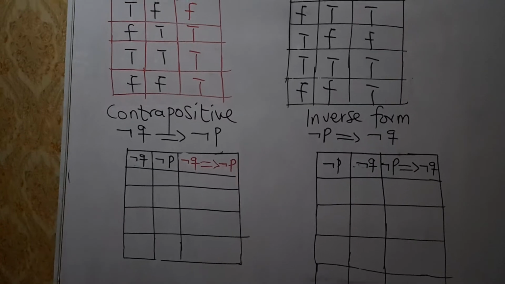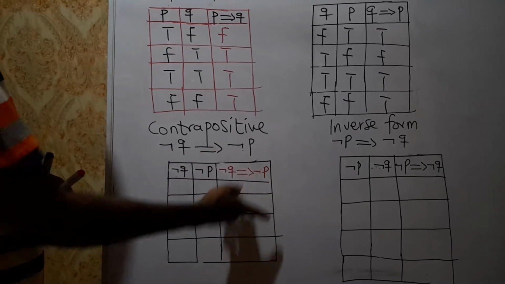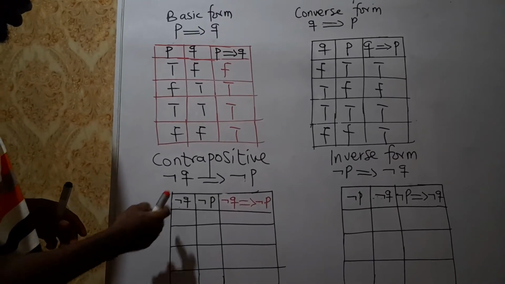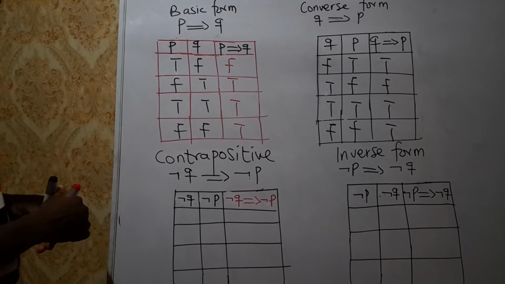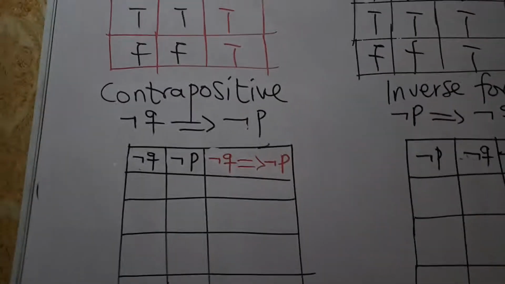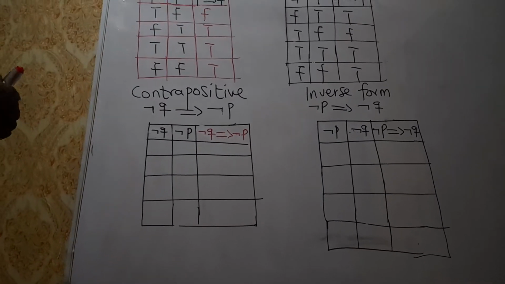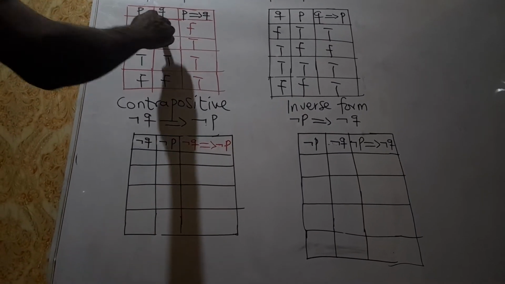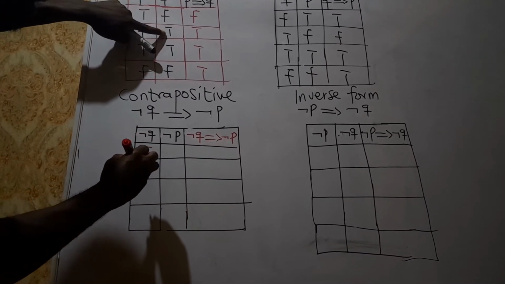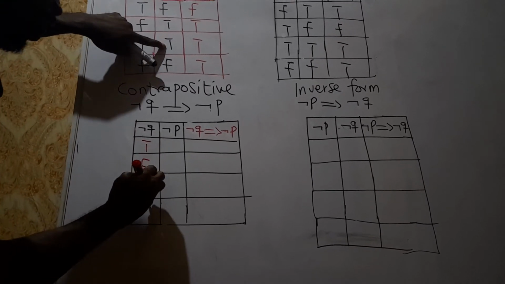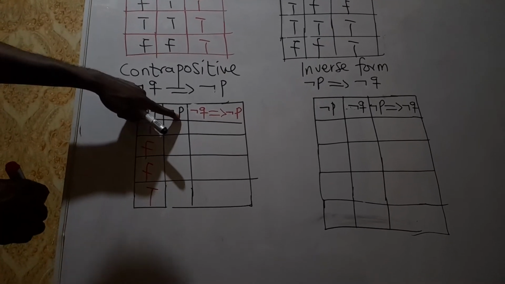Now let's see the contrapositive form. The contrapositive form is if not Q, then not P. So this means we negate the true value for Q and write them here. Remember we said when a statement is true, then its negation is false. Now the negation of P: here it is true, false, true, then we negate P too.